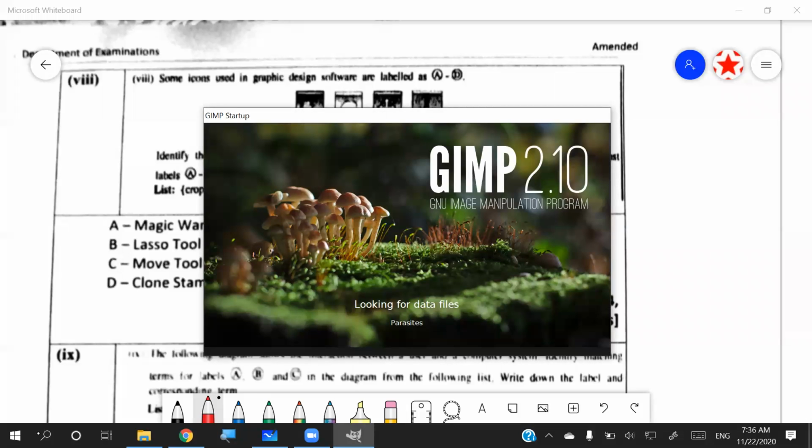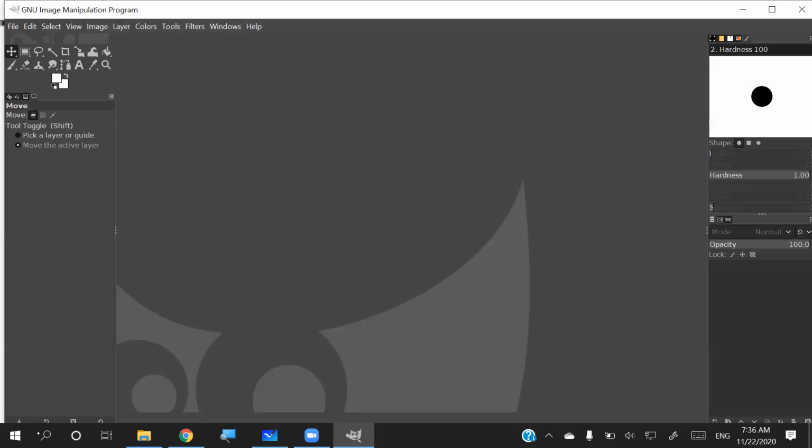It's kind of a selection tool. Yes, free select tool, right?